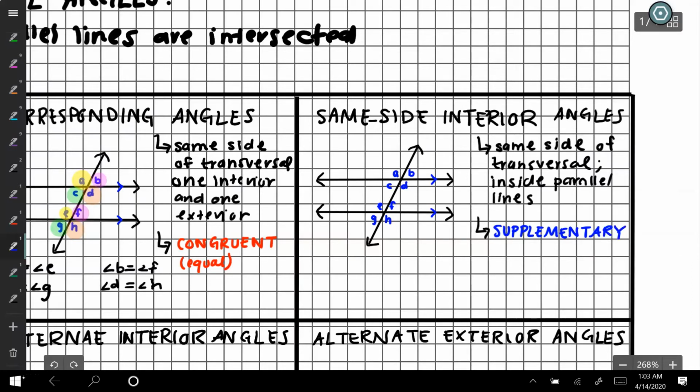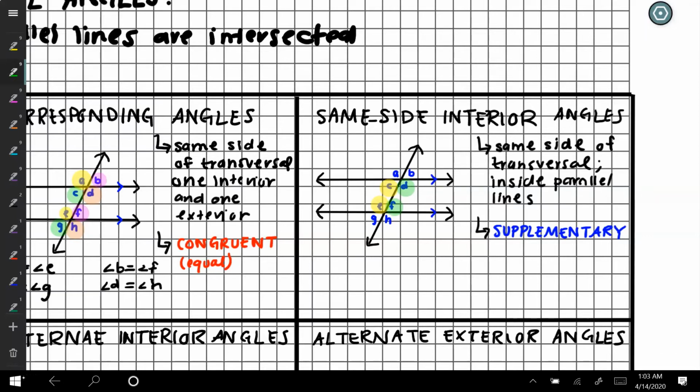Right? So we're only looking at the 4 angles that are inside of our parallel lines, and they are on the same side. So we're going to start looking at angle C, and the same side interior angle to angle C is angle E. Now we're on the right side. I'm going to look at angle D and angle F, our same side interior angles.